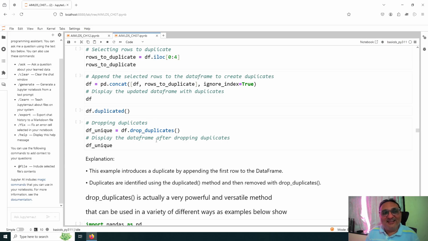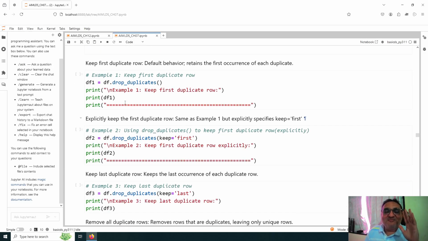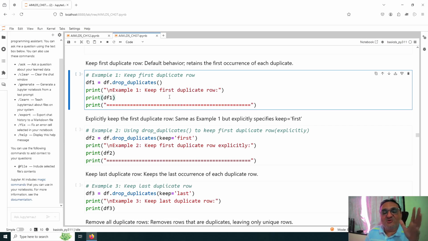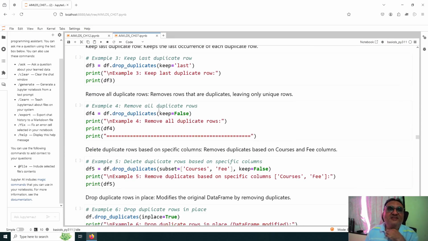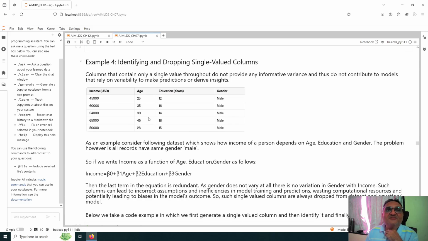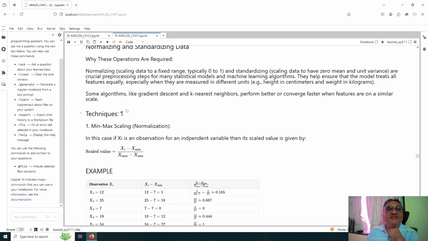If you are feeling that these things are coming from somewhere far behind in your memory, that is okay, because you have to revise things at least 2-3 times. The best way of revising is not to reread the chapter, but to go through the lecture quickly. You can run it at 1.5 times, even 2 times if you require, and then tell ChatGPT to create a sample synthetic data frame and use that data frame to do all this. In deduplication, a lot of discussion was done. Then single valued columns, we also discussed. Then normalizing and standardizing.